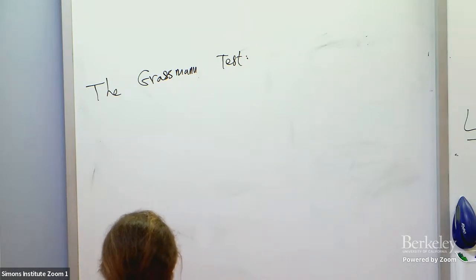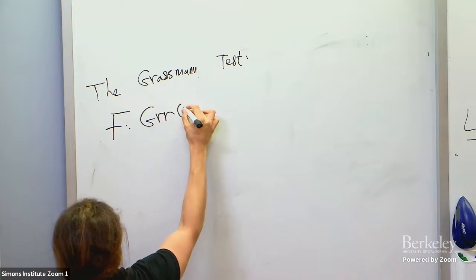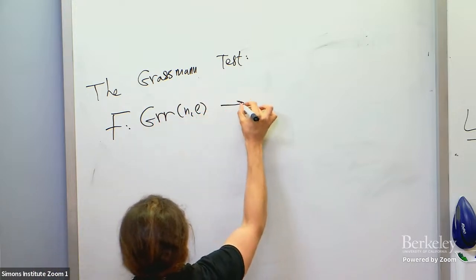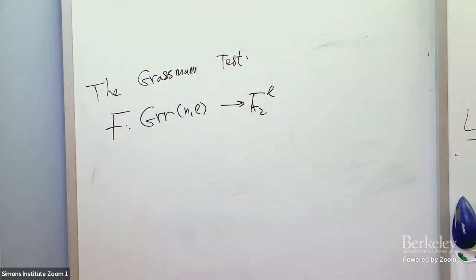Once again, we have some assignment that gives to each subspace a linear function. And we want to test whether this assignment is a Grassmann codeword, namely if it arises from some global linear function, or if it's far from each one of these.